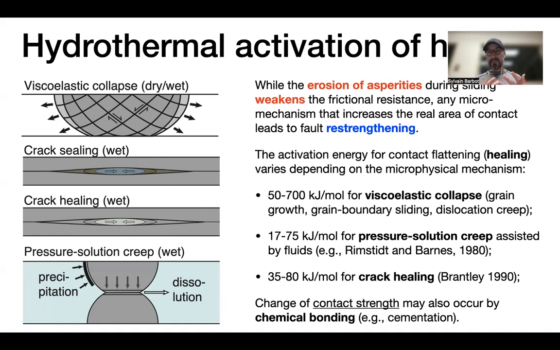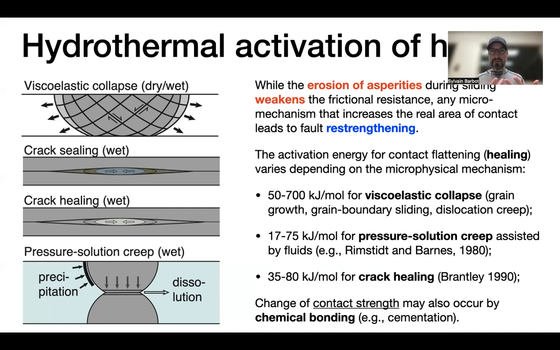Viscoelastic flow can occur by many nano or microphysical deformation mechanisms: diffusion creep, dislocation creep, dislocation climb, the motion of defects, and so on. So there are a lot of different mechanisms that can accommodate the flow of these contact junctions. And other mechanisms are activated in the presence of water.